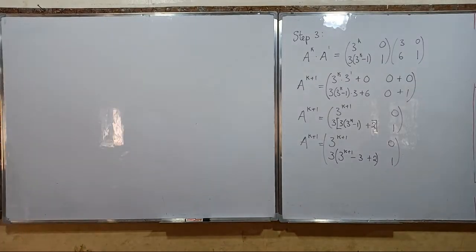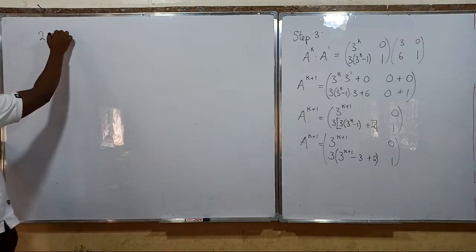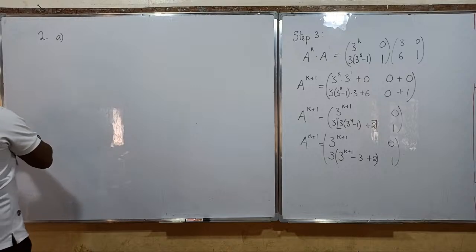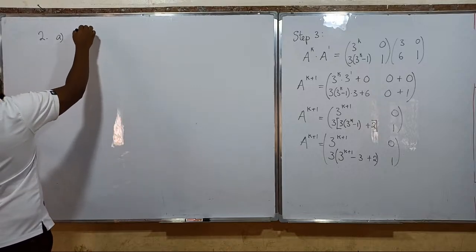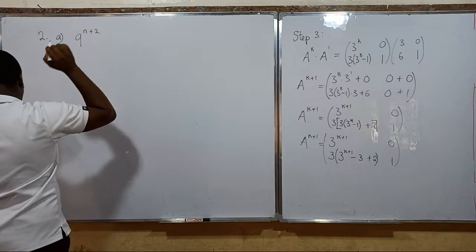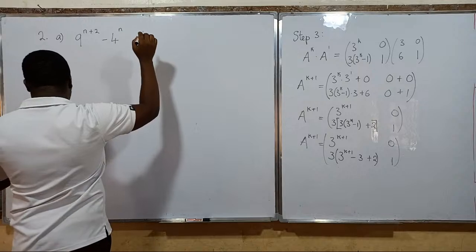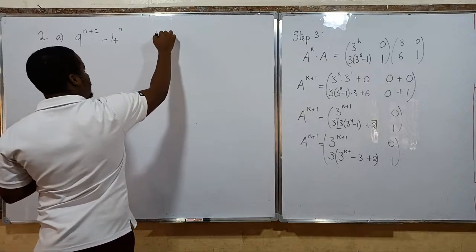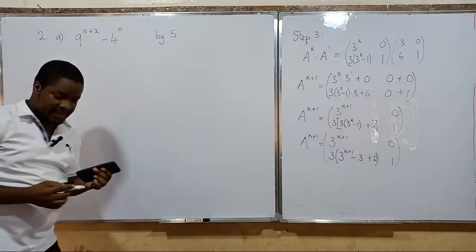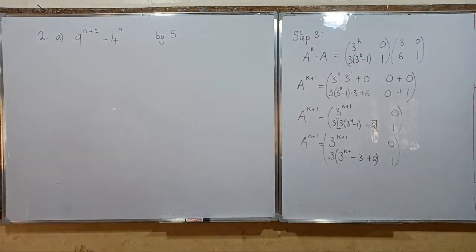Question 2 says, prove that, so 2 part A, prove that 9 to the power n plus 2 minus 4 to the power n is divisible by 5. Question 2, part A.